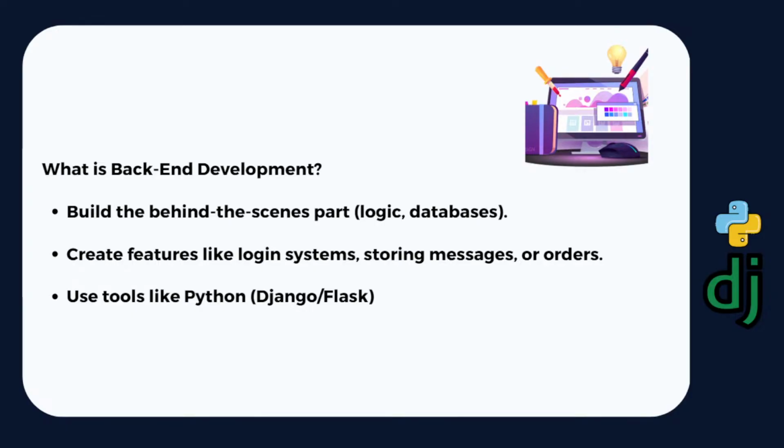We need to build a backend, creating features like a login system, storing messages or orders, using tools like Python and Django. Basically there are many tools in the market like Python, PHP, and frameworks like Django, Flask, and we also use JavaScript for the backend.